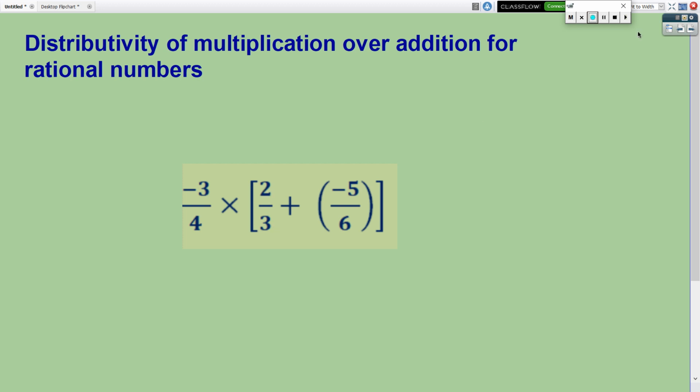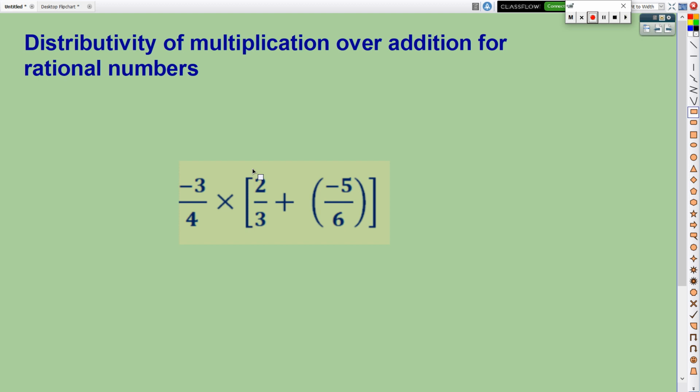First, you add 2 by 3 plus negative 5 by 6. Now take the LCM of 3 and 6 and do it. You know how to add two rational numbers. After getting this answer, you multiply that answer with negative 3 by 4. Do it yourself.